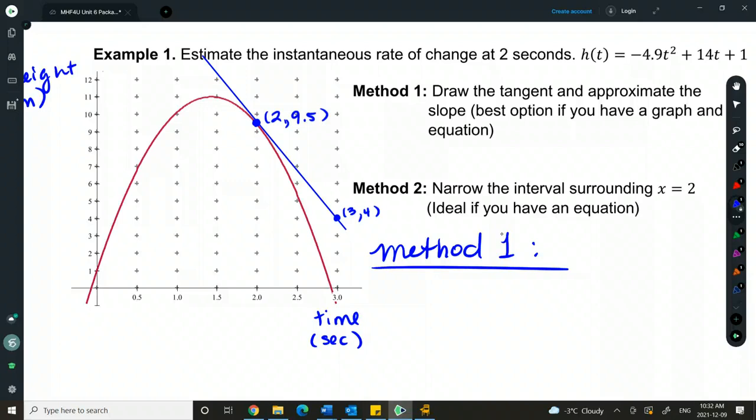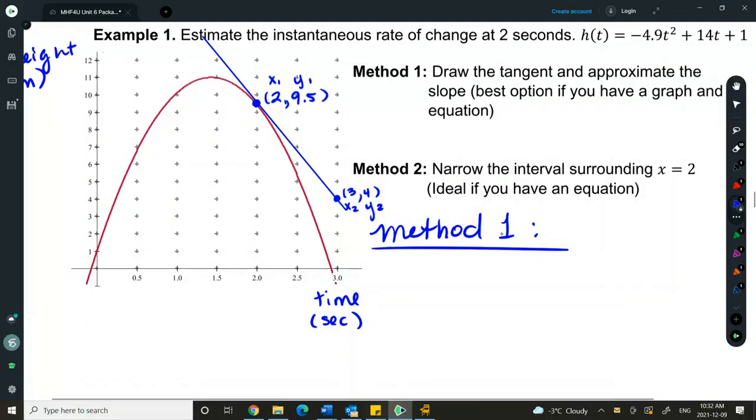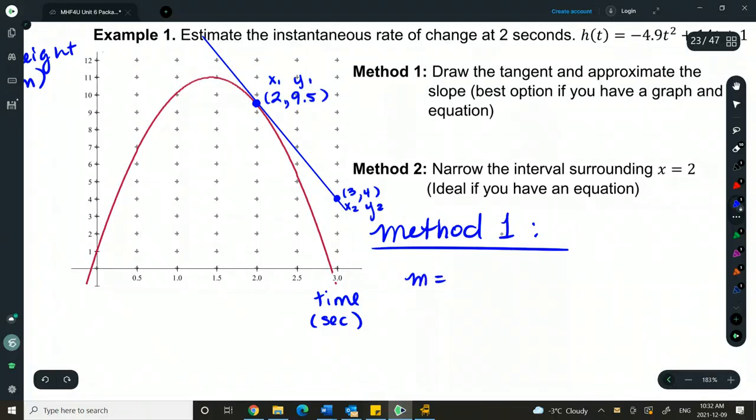Okay, so I'm going to use this as my x1, y1, and I'll use this as my x2, y2. Yours might be slightly different depending on how you drew your tangent line. So basically just choose two points that are on your tangent line, and you'll find the slope of your approximation of that tangent line, okay? So I'm going to say that slope equals, and because this is instantaneous rate of change, I'm going to use dy over dx.